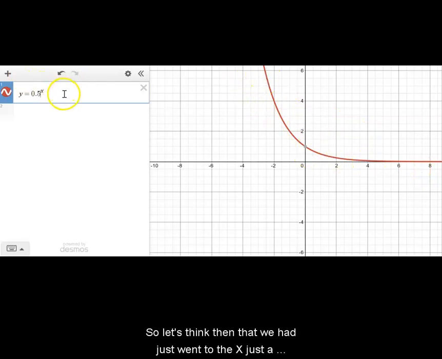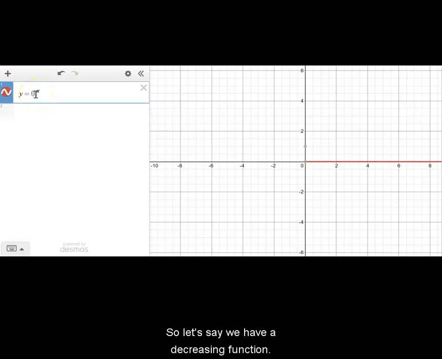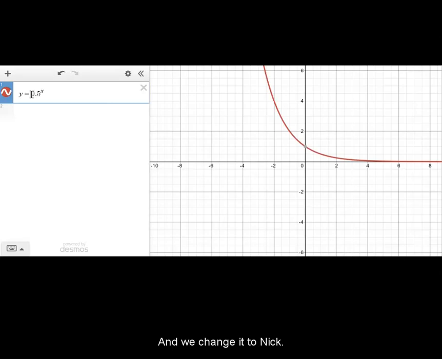Let's say then that we had just 1 to the x. As you can see, you get just a constant function, right? It's just a constant function 1 everywhere. The output is always 1.